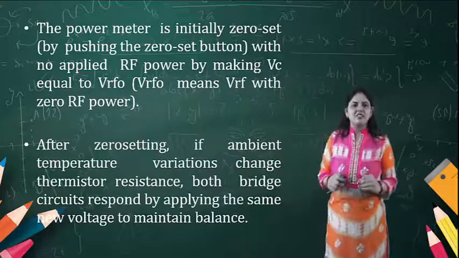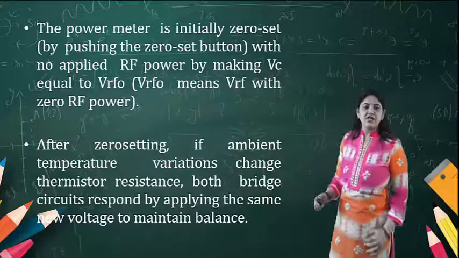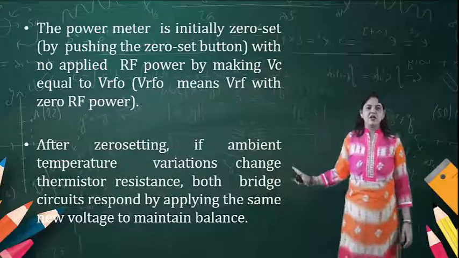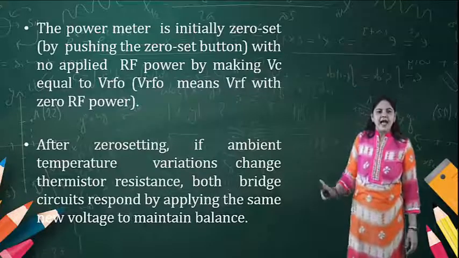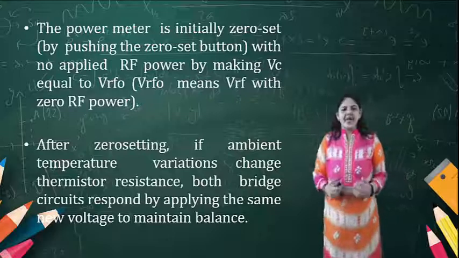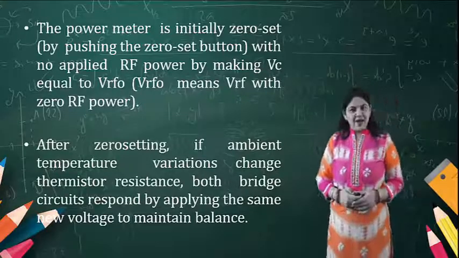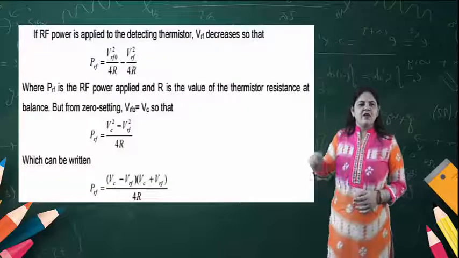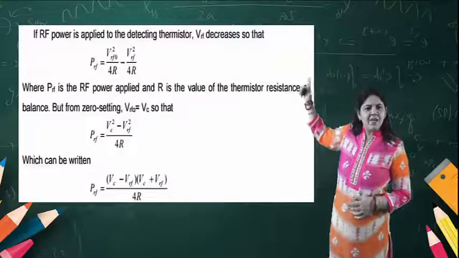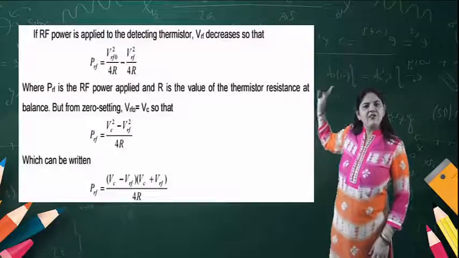After the zero setting, if ambient temperature variations change the thermistor resistance, both bridge circuits respond by applying the same low voltage to maintain the balance. So if the RF power is applied to the detecting thermistor, PRF decreases.